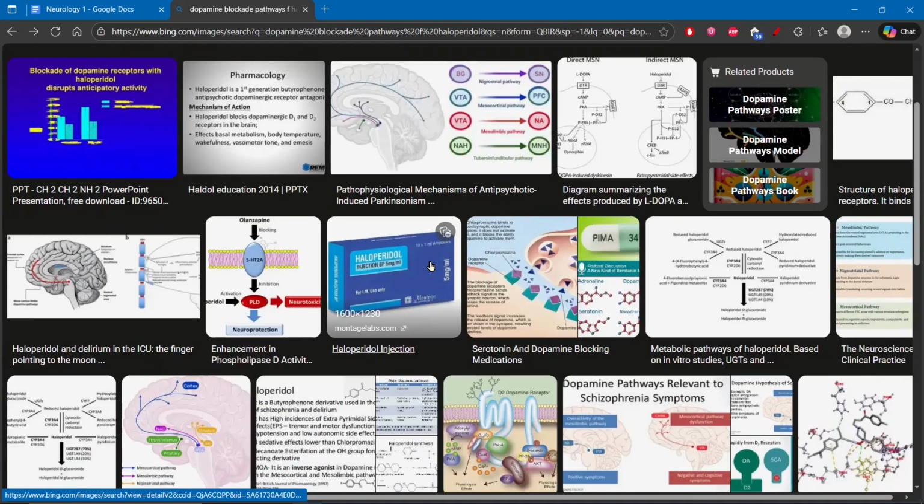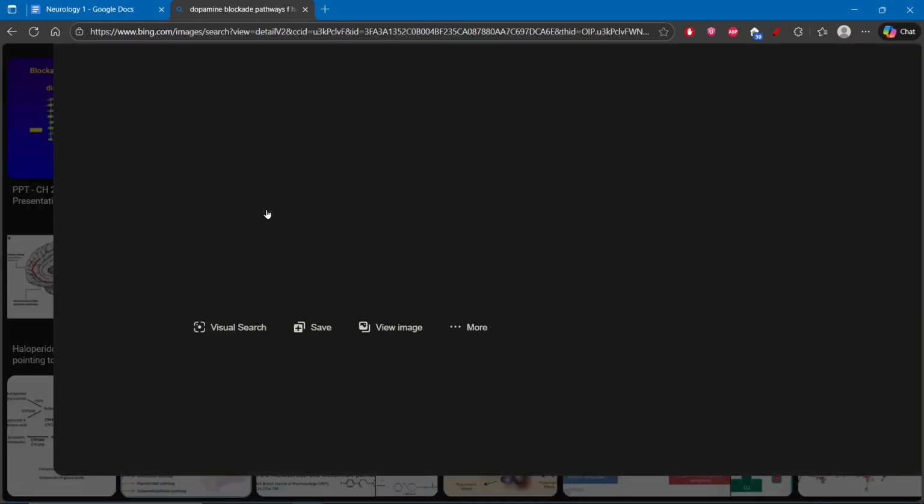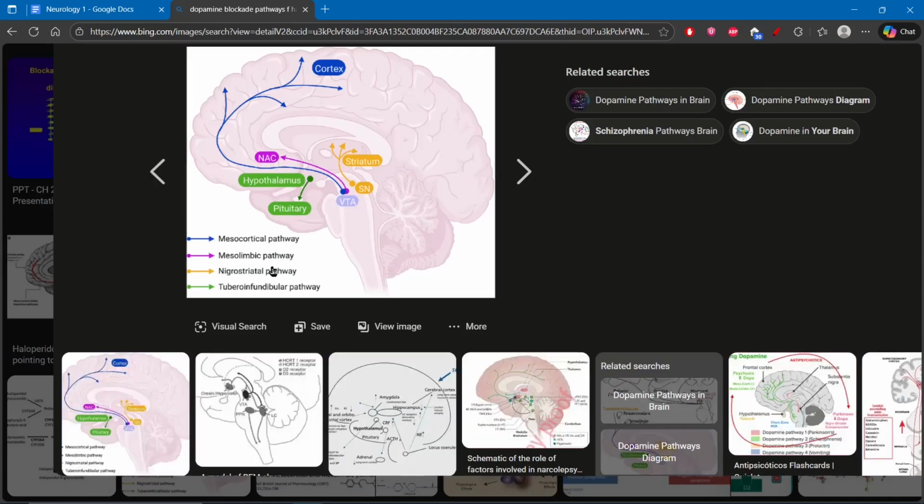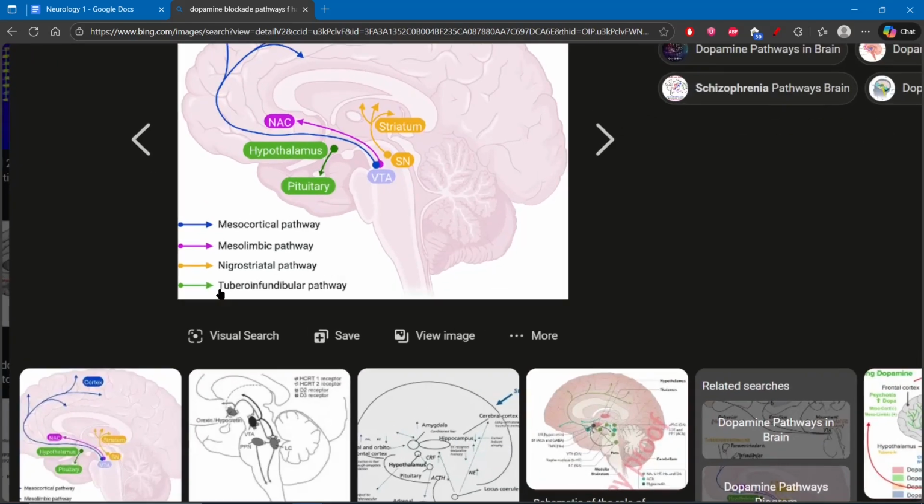So the tuberoinfundibular pathway basically controls the prolactin secretion. If you're giving antipsychotics to a patient and that patient goes into hyperprolactinemia, because dopamine is being blocked, there would be increased secretion of prolactin. This pathway would be the culprit. If the patient is undergoing extrapyramidal symptoms, the nigrostriatal pathway would be the culprit.